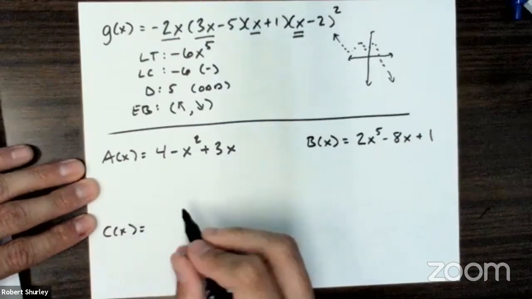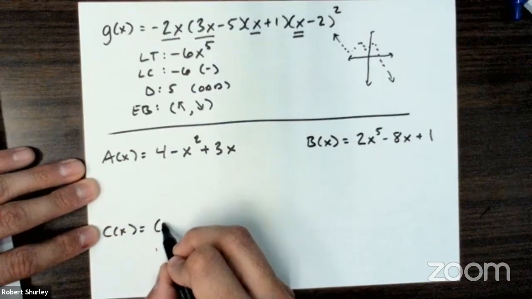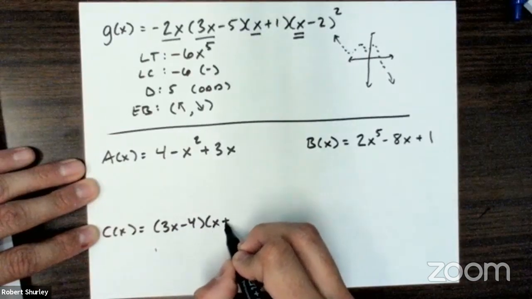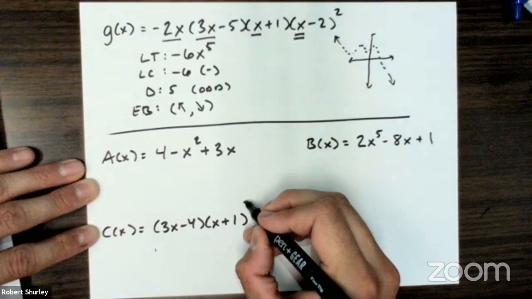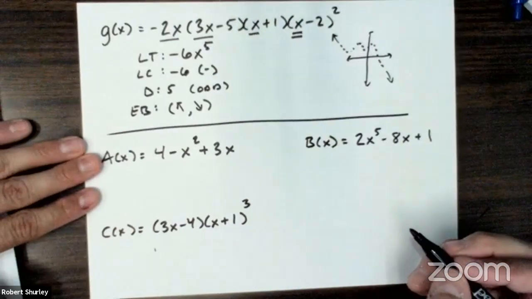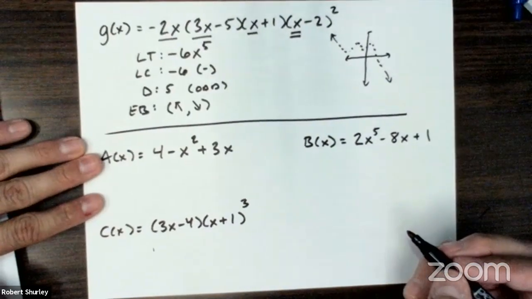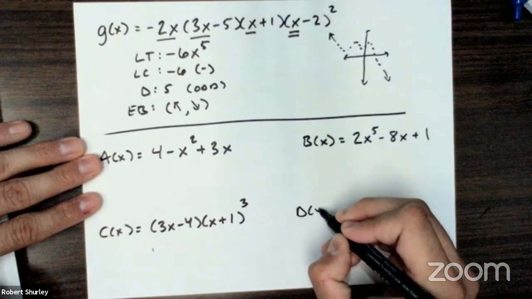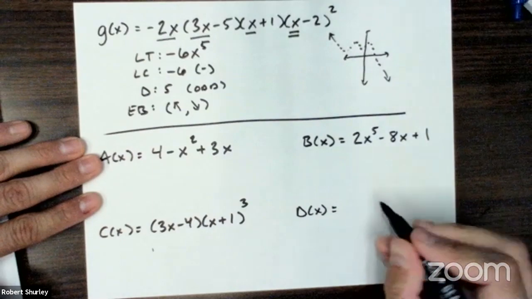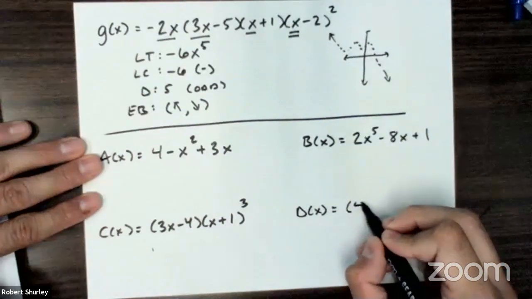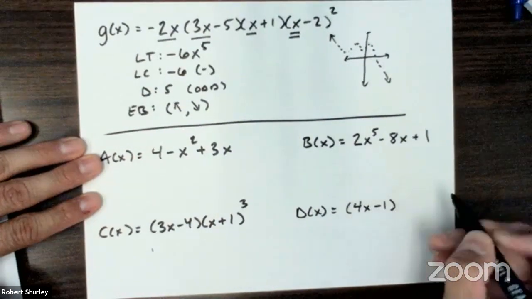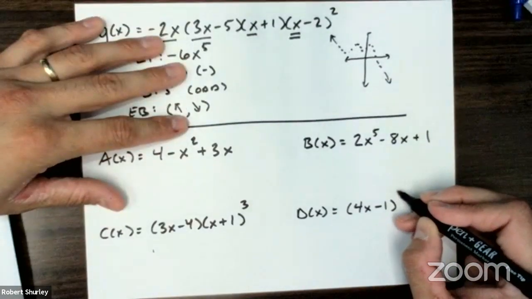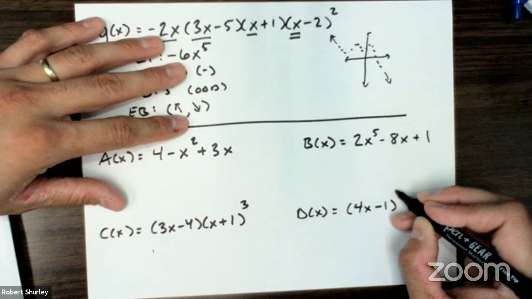C of x equals 3x minus 4, x plus 1 cubed. And then let's say d of x equals 4x minus 1 to the, let's say, 3rd power.